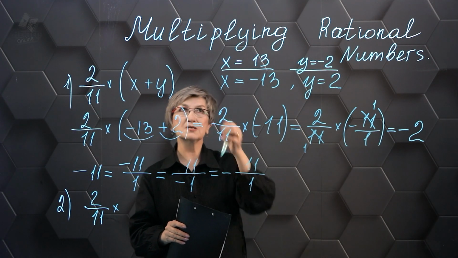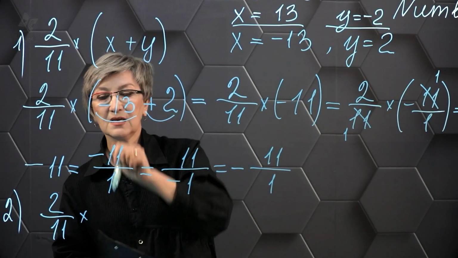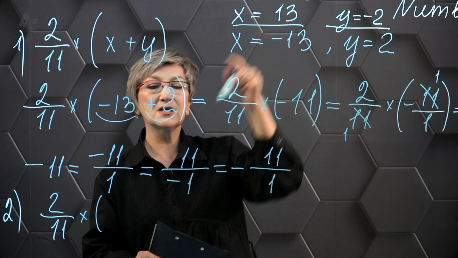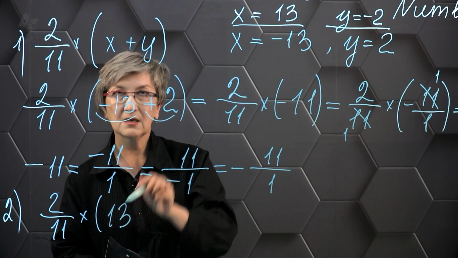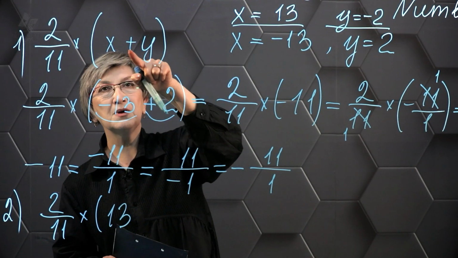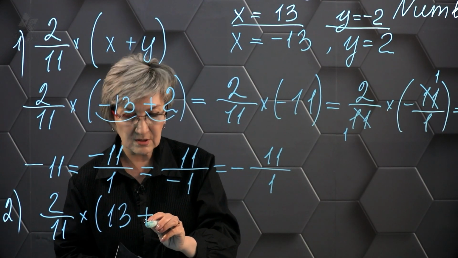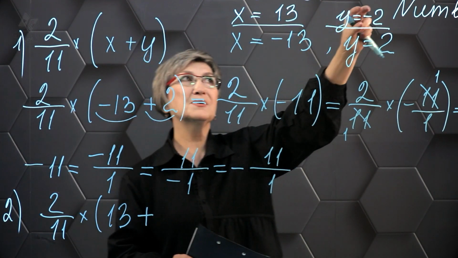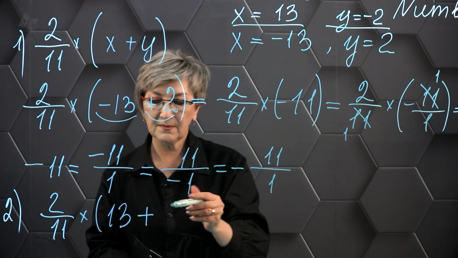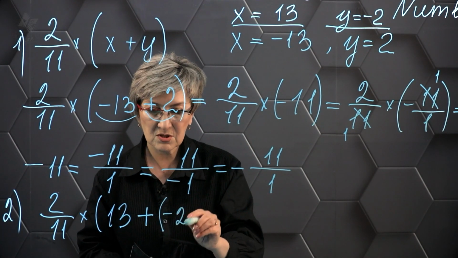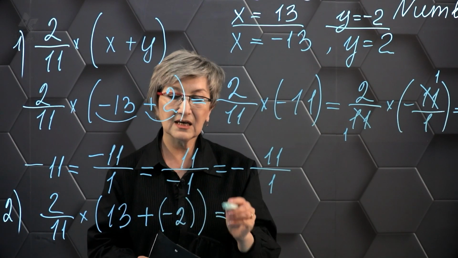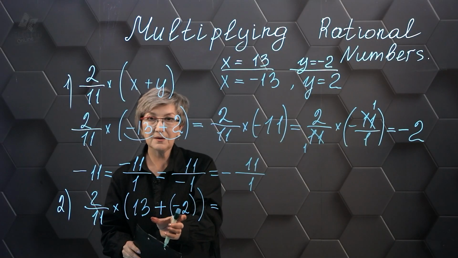Instead of x, I substitute the number 13. Next, following the example, I have a plus sign. I write plus, and instead of y, I substitute the number minus 2.